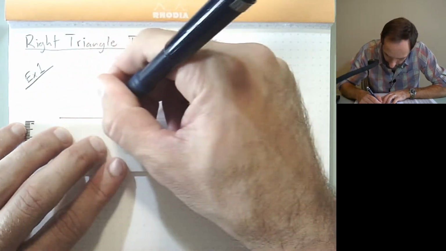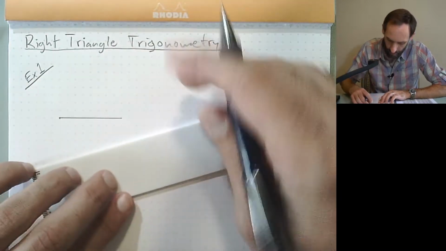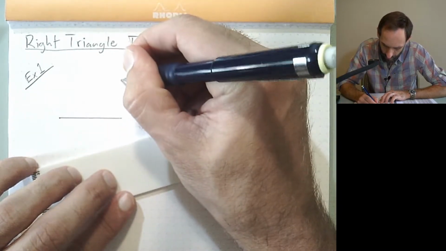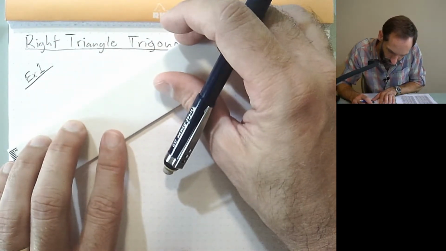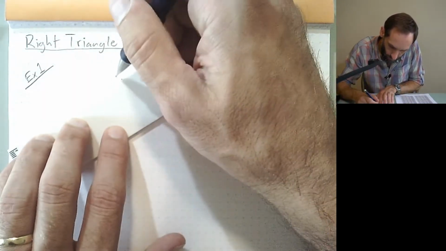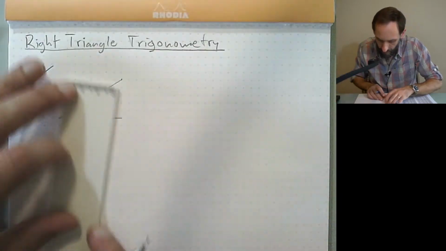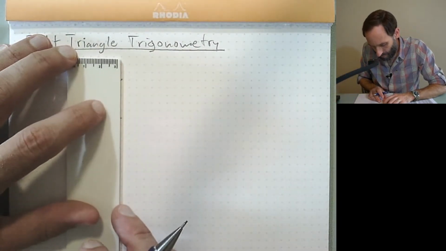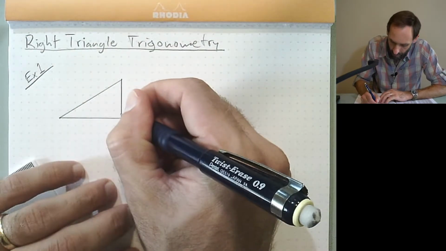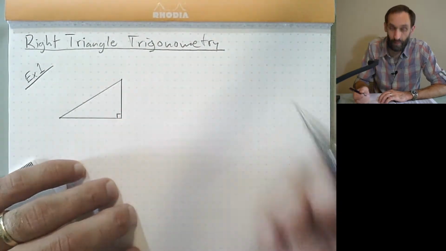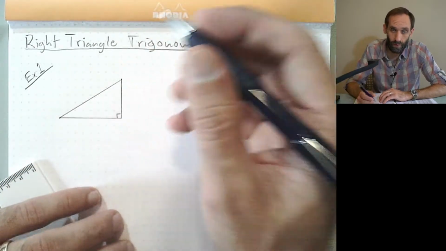All right, so here, and then I'll draw it up to there. Draw that line, and then draw in my altitude. Here is the right angle in this triangle.